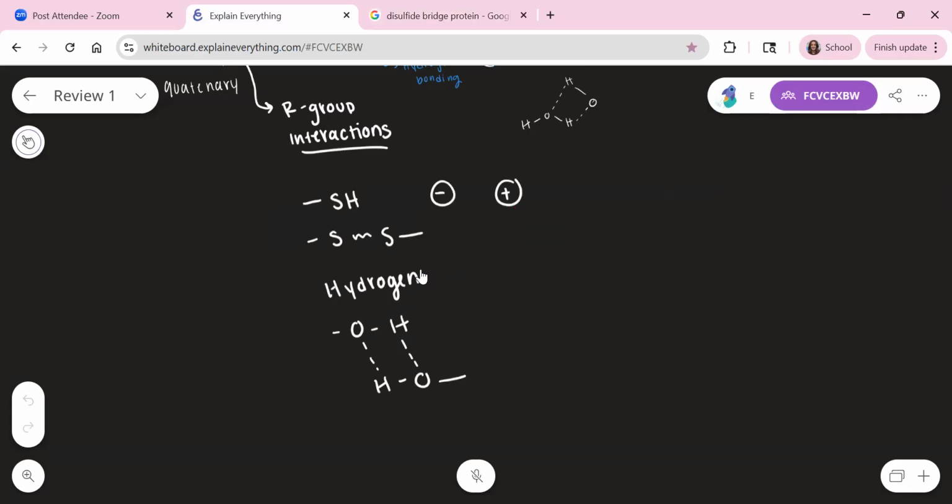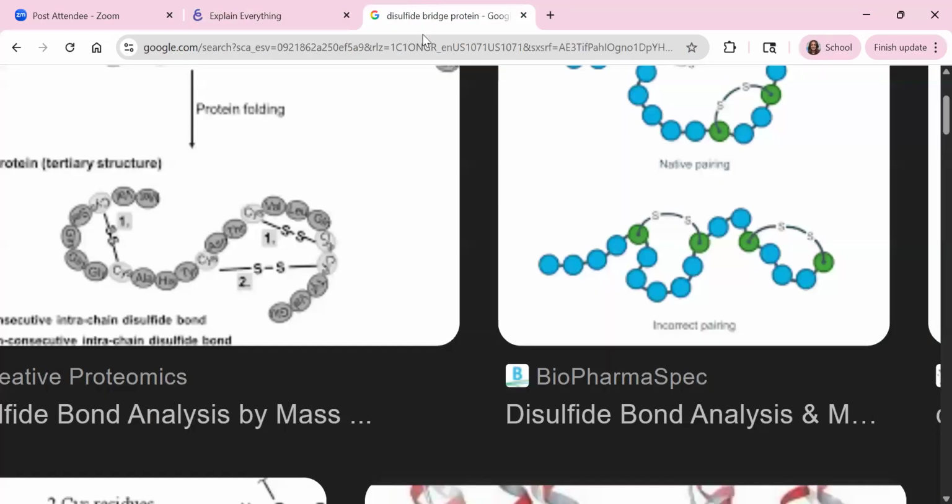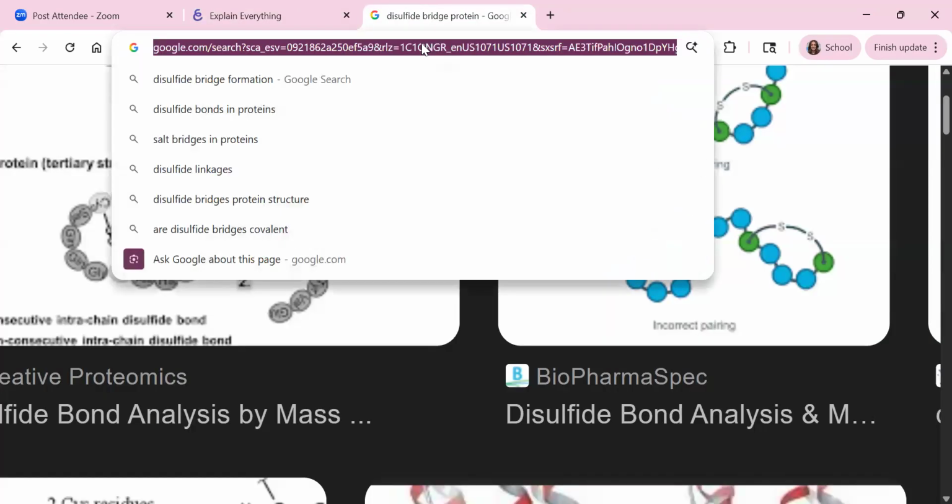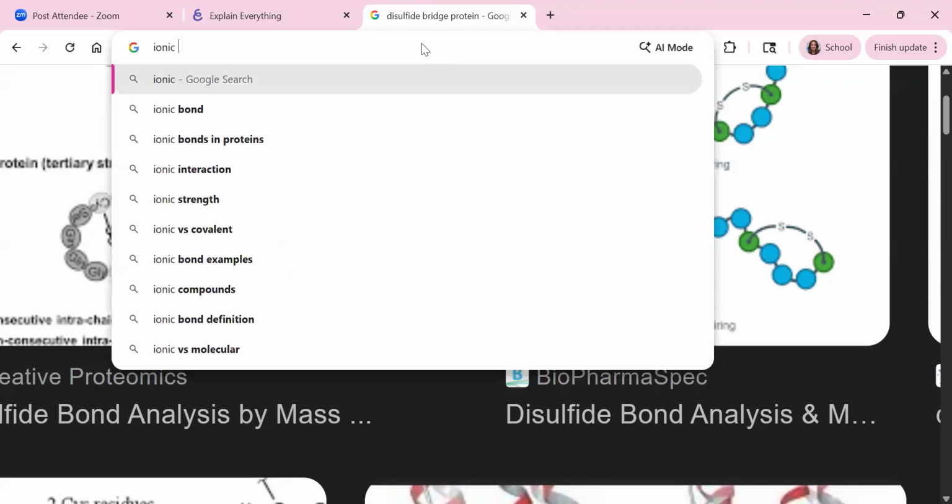Remember how I was talking about acids and bases and how proteins can sometimes lose their hydrogen or gain a hydrogen? Depending on their charge at physiological pH, which is around 7, these two can attract. And so you can look at that as ionic bonding.